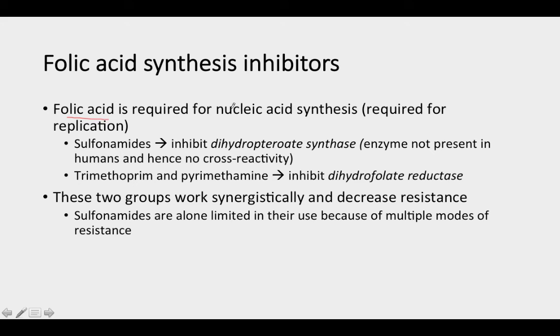Folic acid is required for nucleic acid synthesis, which is required for replication and bacterial replication. As I said, sulfonamides inhibit dihydropteroate synthase. This is an enzyme not present in humans, and hence this drug has no cross-reactivity with our folic acid synthesis. Trimethoprim and pyrimethamine, however, do inhibit dihydrofolate reductase, which is present in us, and there is cross-reactivity.